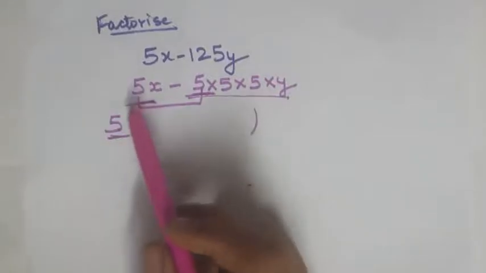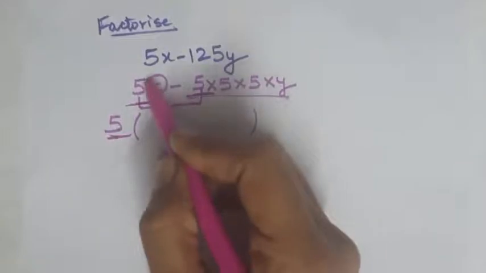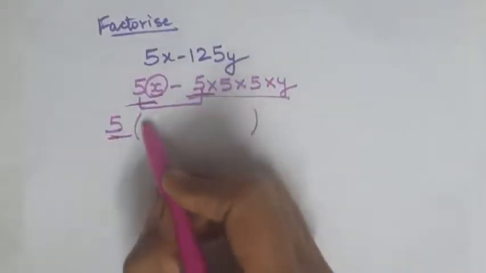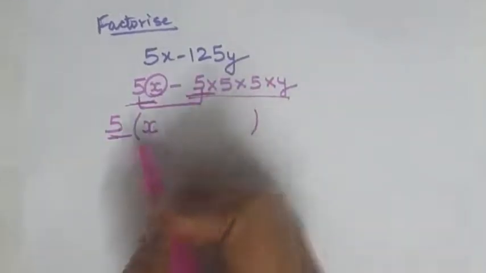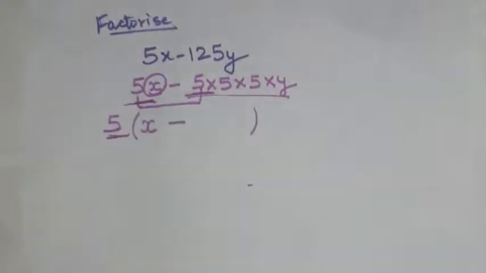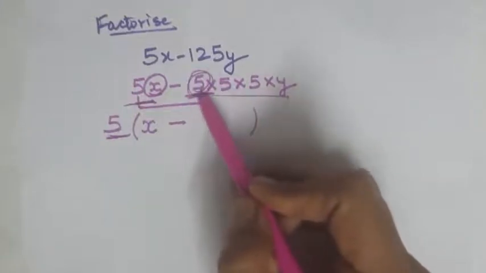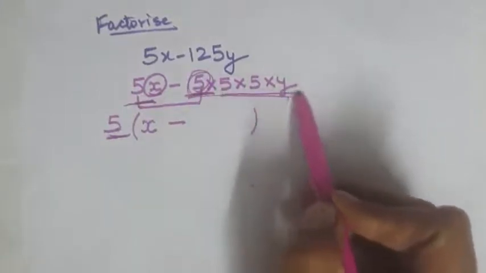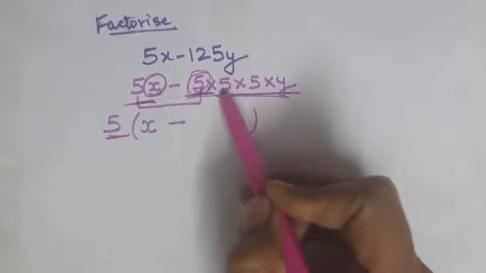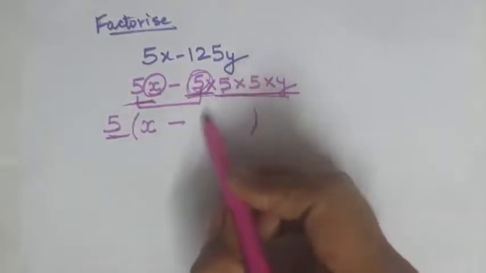What is left here? Only x is left, minus. Now this 5 I have taken common. So what is left? 5 multiply 5 multiply y, that is 25y.